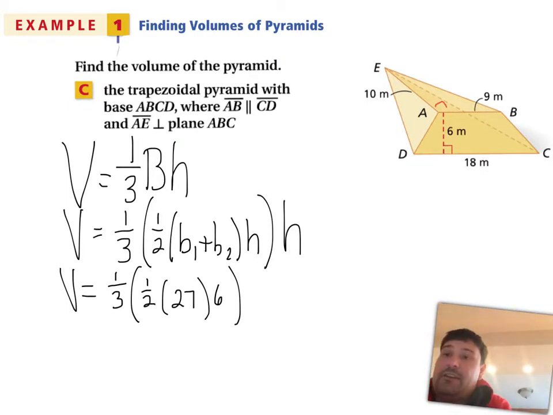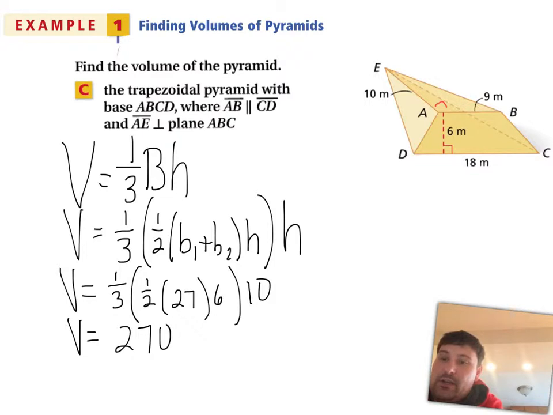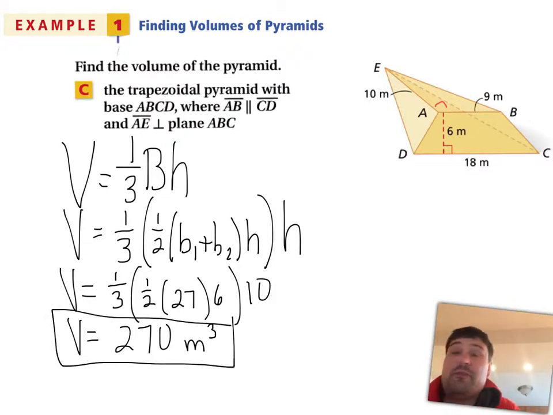So 10 is the height of the whole figure. So we simplify this. 1/2 of 6 is 3, times 27 would be 108. Times 10 would be 1,080... actually, 27 times 10 would be 270, I believe. Yep, so 270 cubic meters would be the volume of this pyramid.